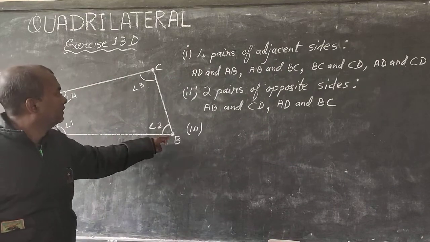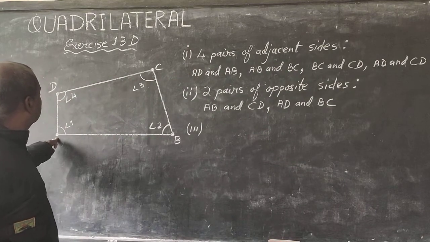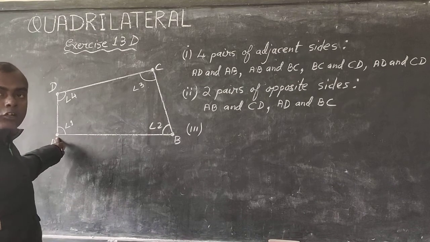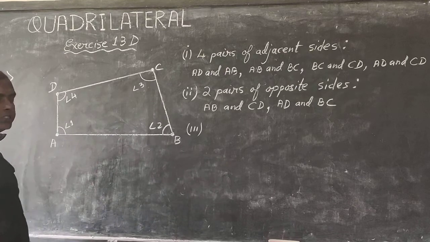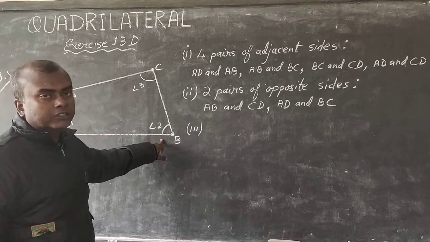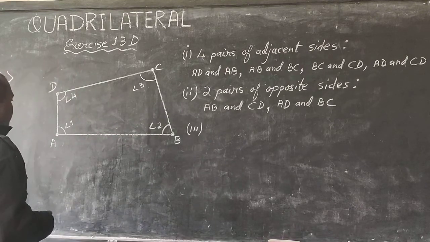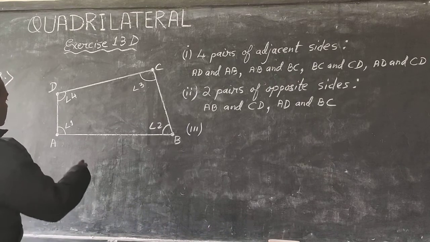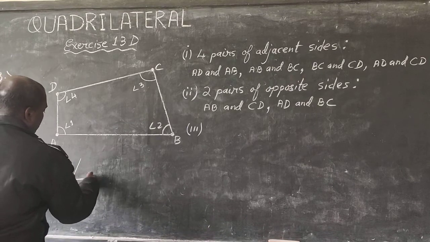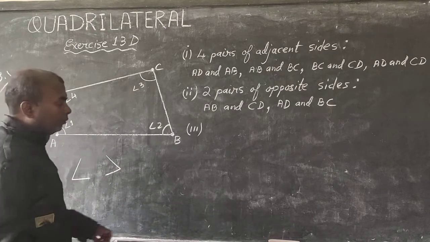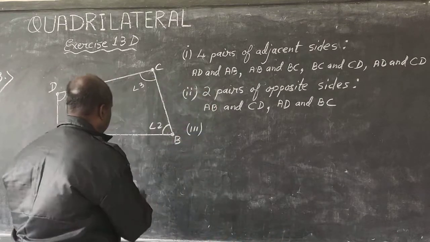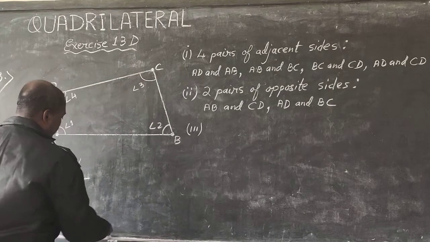See, which are not opposite, they are called adjacent. 1 and 3 are opposite, but 1 and 2 are not opposite. In adjacent angles, see, this is one angle, this is another angle. Now what if they are connected?